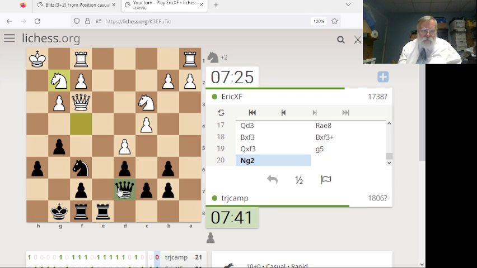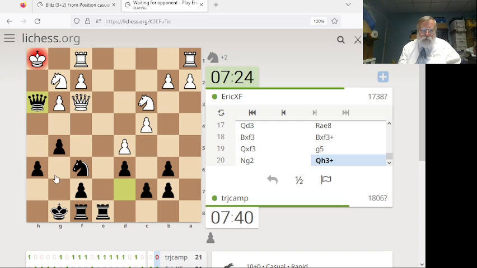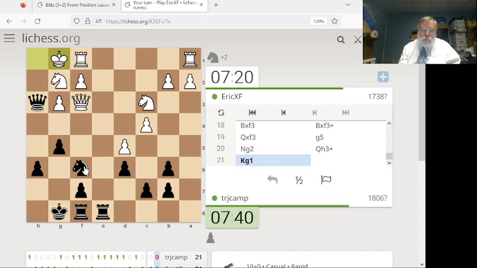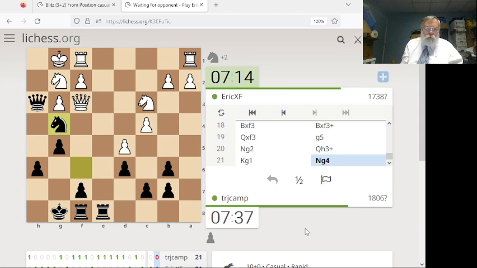Okay, so now I want this to come in. See if this is doable. Is it doable? Or is it just one big mess after another? Because I'm down a piece, right?